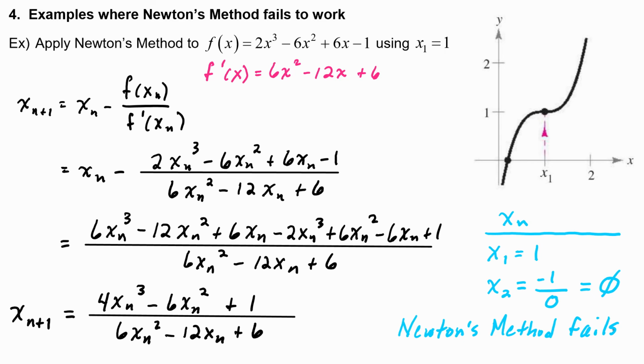Now, to help you understand why this is, let's take a look at the graph of f of x, which is right here. We know in the denominator is f prime of xn. So when we're doing f prime of x1, when we look at this graph, you can see there is a horizontal tangent there.